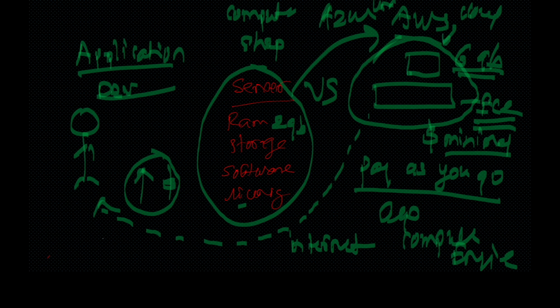So you don't need to worry about that. The only thing you need to focus on is the application development. That is the concept of EC2. Now I will explain what are the different types of EC2 we have in AWS.